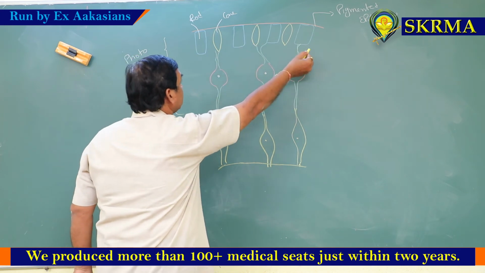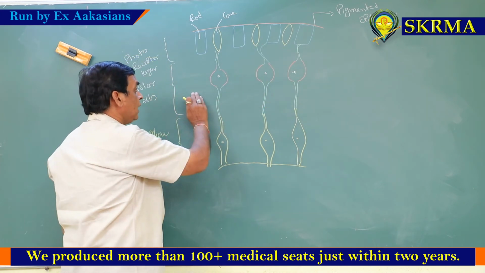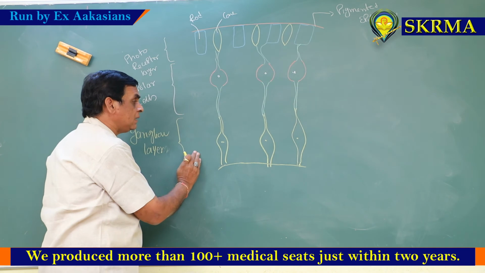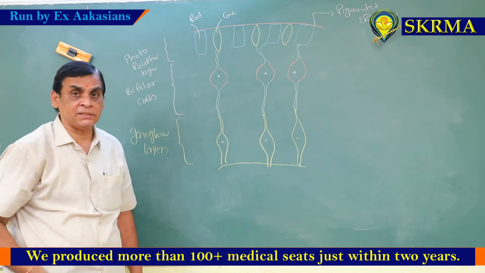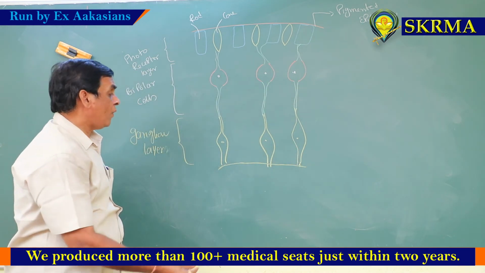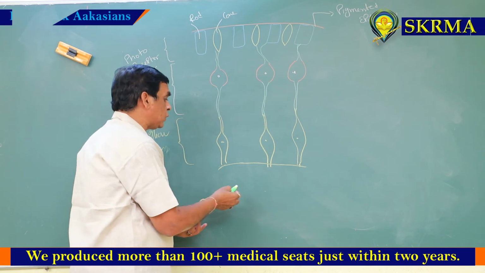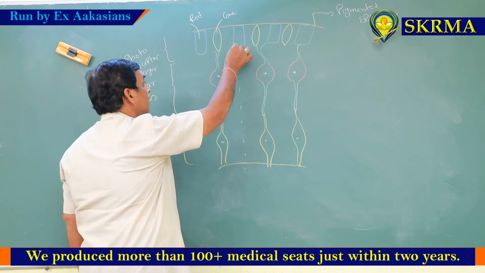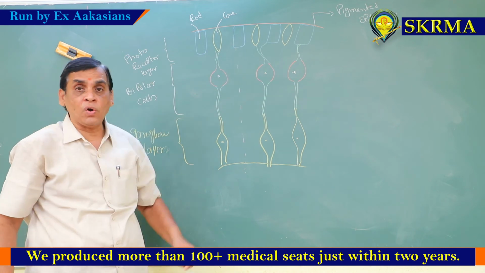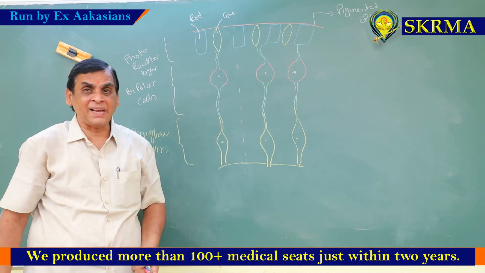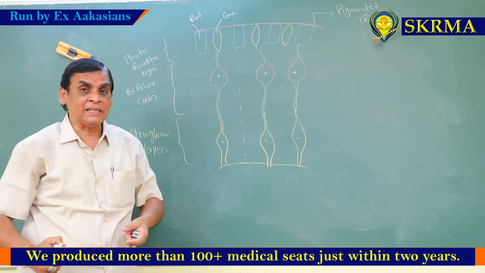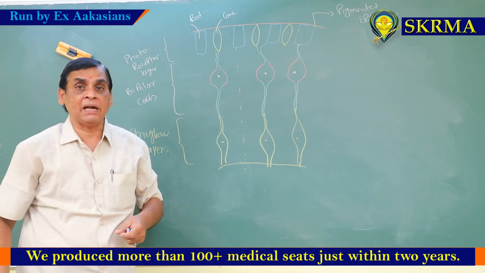Up to here rods and cones are present, bipolar neurons are present, and ganglion cells are present. What will happen is, once the light rays pass through like this, the rods and cones receive the light rays and they are oxidized and a nerve potential is developed.